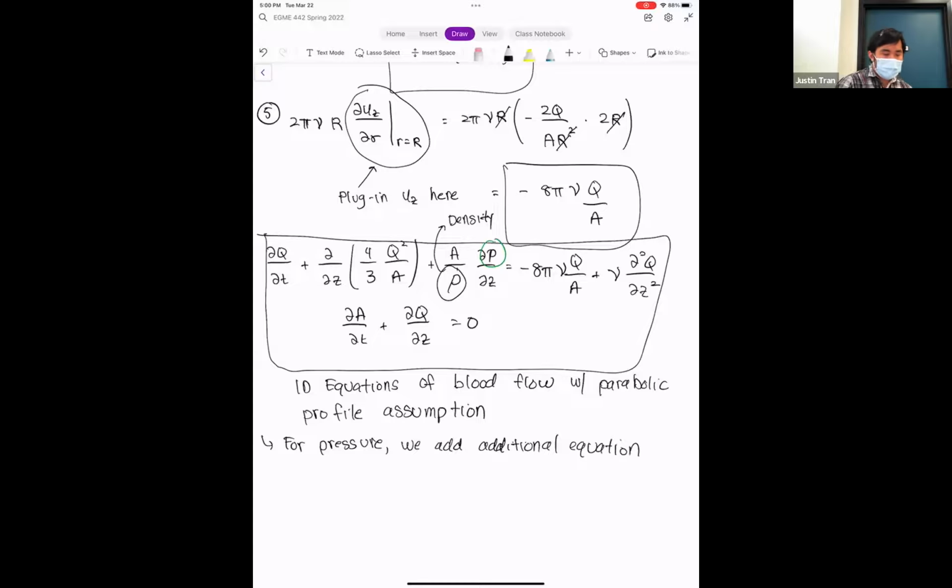Okay. And the equation that we're going to add belongs to a certain category of equations. Basically, what these equations are going to do is relate the pressure inside a vessel to its cross-sectional area.